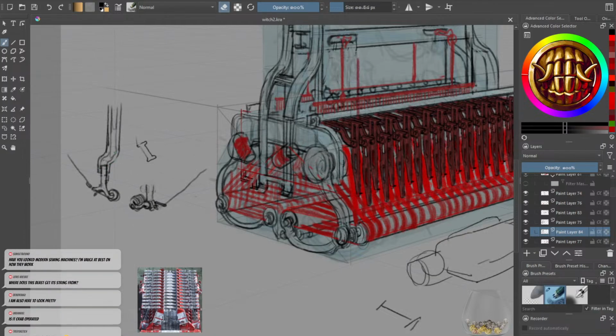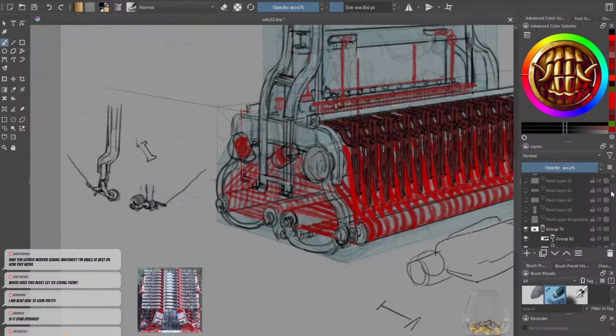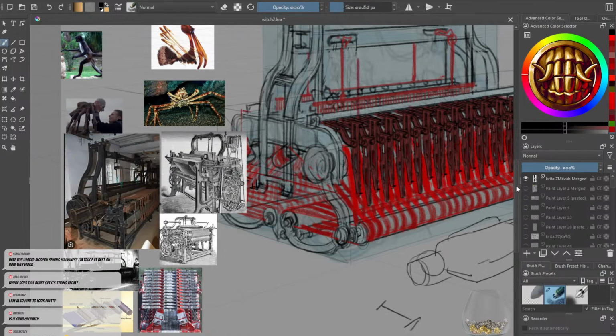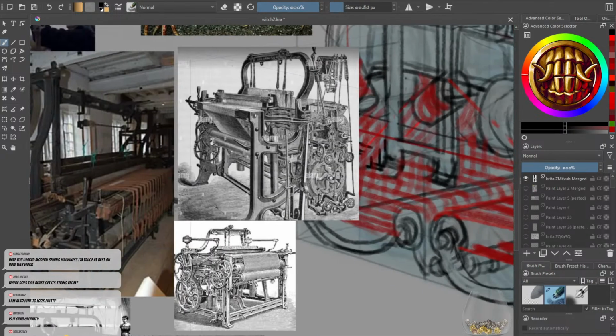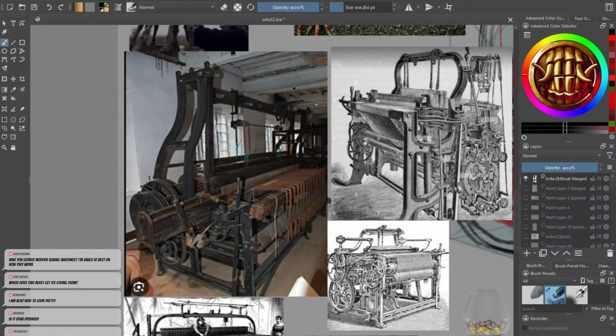It looks sort of just taped on, like. I don't know enough mechanical reference. See if I can find a part in these that sort of resembles what I need.